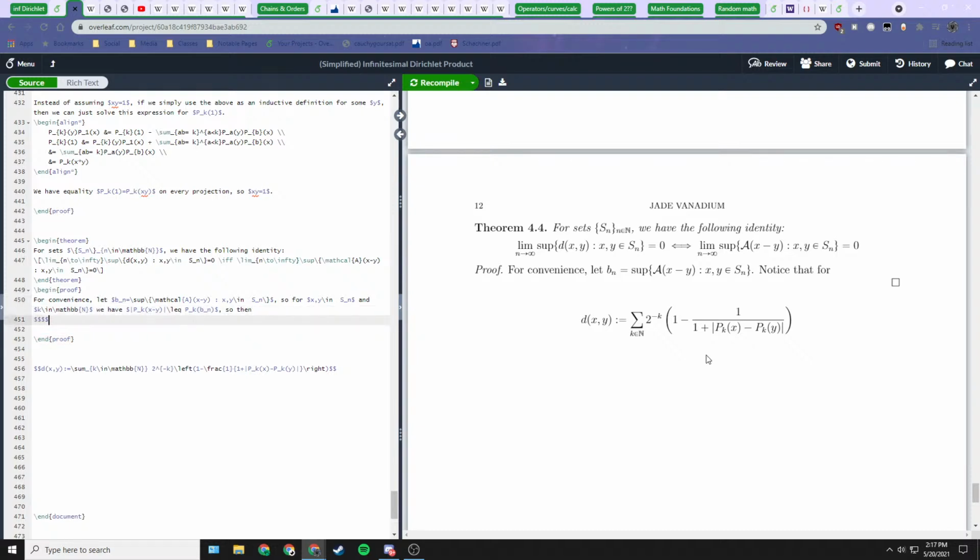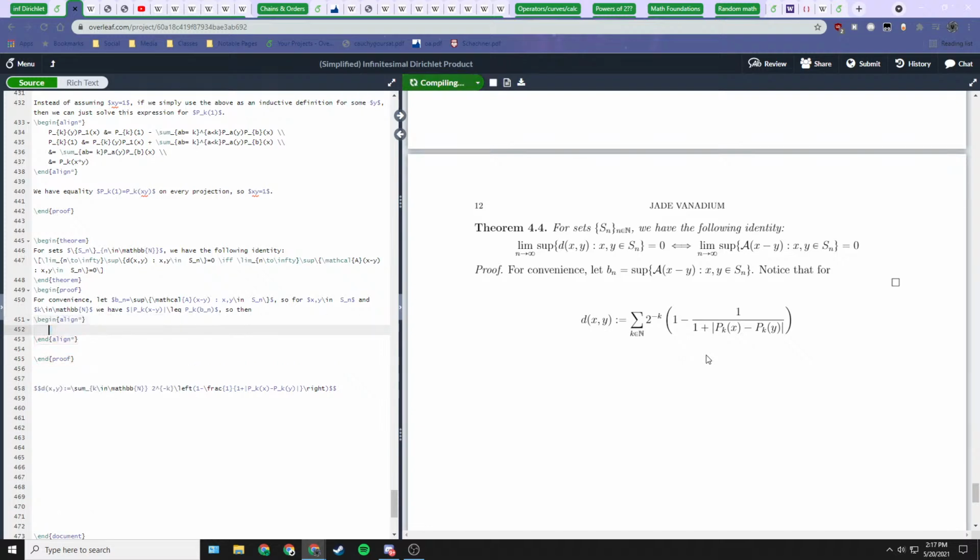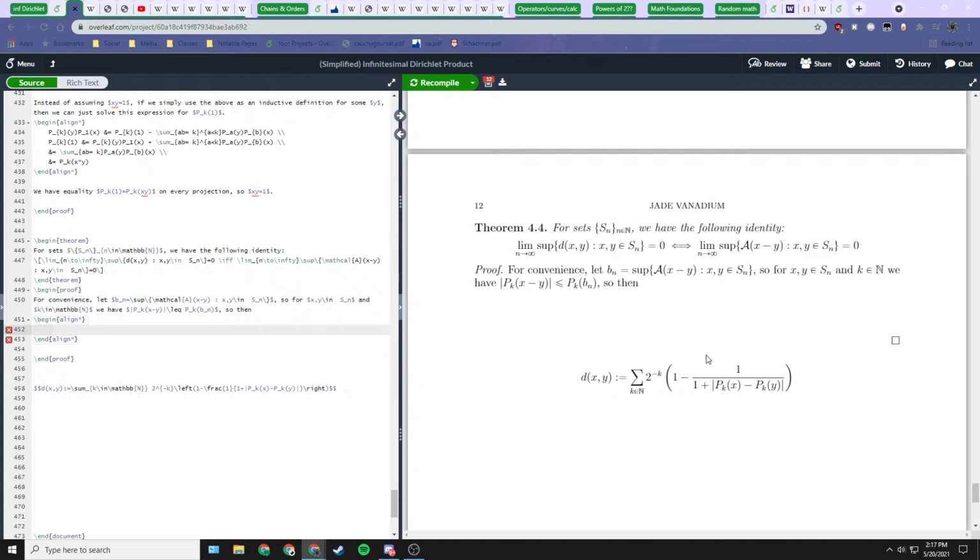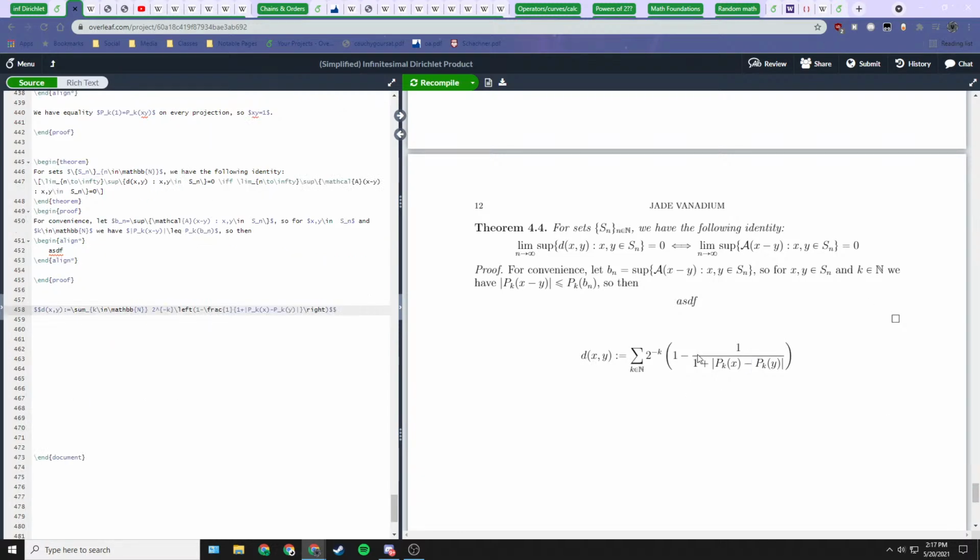So then we do an aligned environment, and we want to write our distance metric down here. Actually, we want to show a double bound.